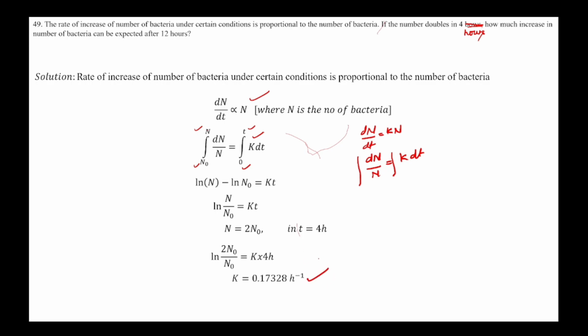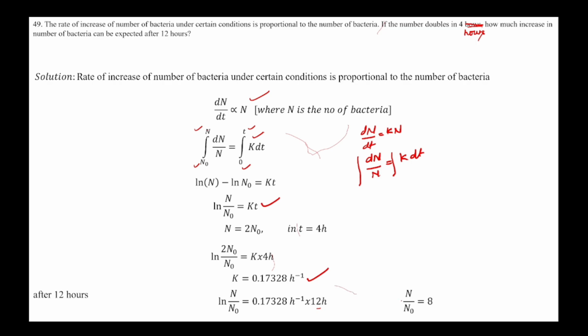Now, what is the number of bacteria in 12 hours? Since we do not have the initial number of bacteria, the answer will be a multiple of the initial number, N0. We have k, so applying the same equation after 12 hours, we put in the time and get N/N0 = 8.